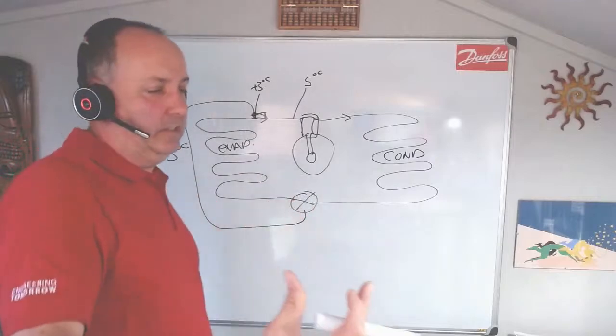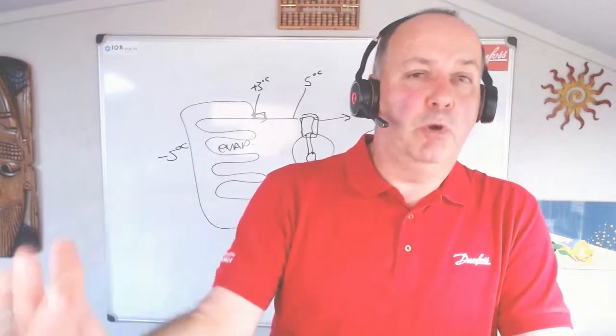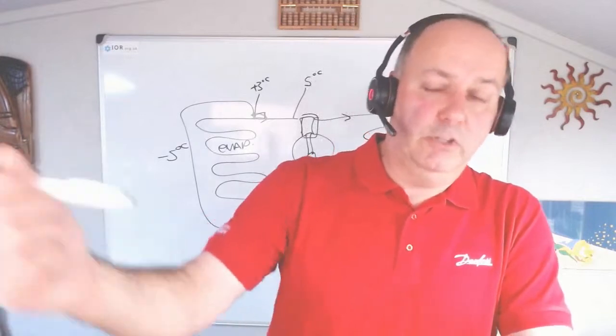And what's superheated vapor? Steam is a superheated vapor because it is above its boiling point. Water boils at 100 degrees C. If you measure steam, it's more than 100 degrees C, so it's superheated.